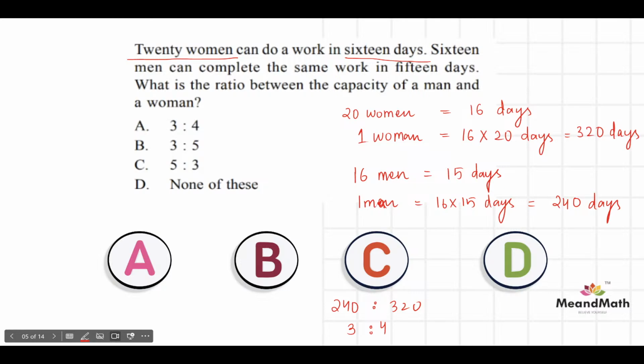So the ratio of man to woman is going to be 3 to 4. Did you get the same answer? That's good.